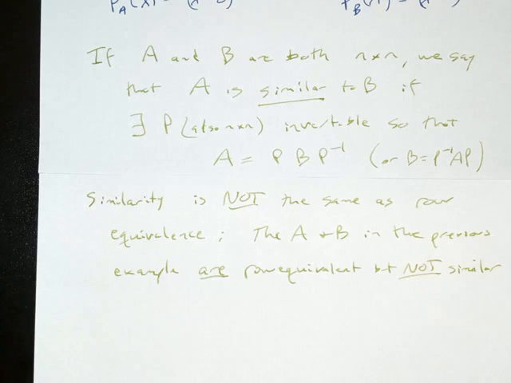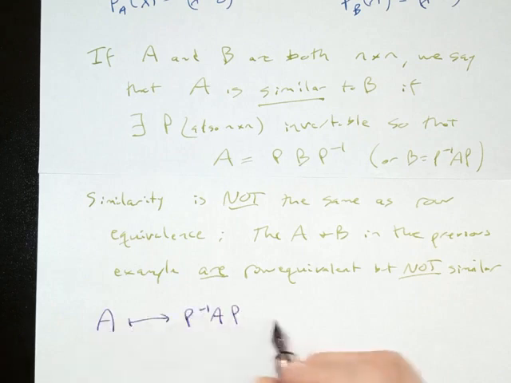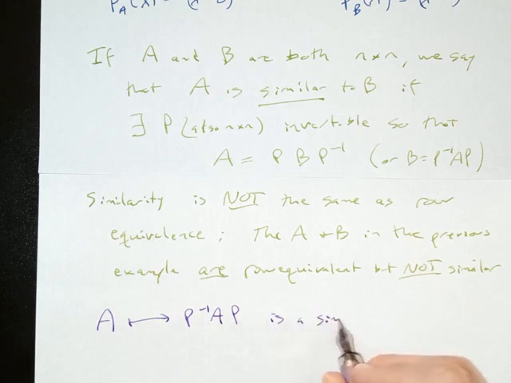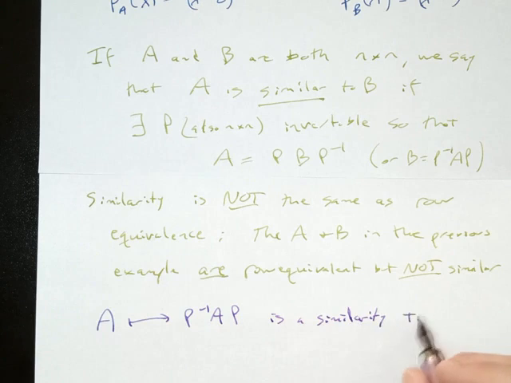We use this so often, we think of this as a transformation on the set of matrices. Taking the matrix A and mapping it to P inverse AP is a similarity transformation.